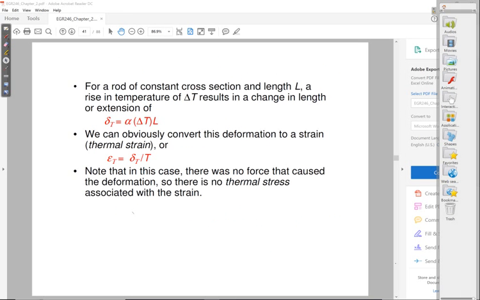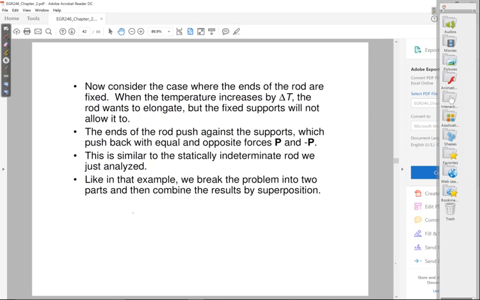So how are you going to apply this? Very easy. If I give you a temperature change along with everything else in the previous problems, then all you need to do is apply superposition again to determine the total amount of elongation.